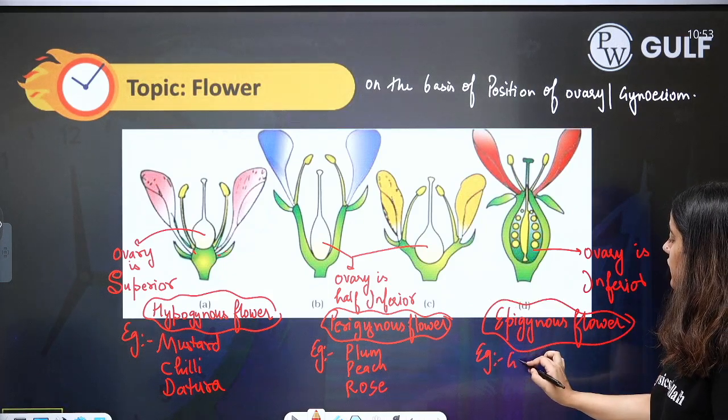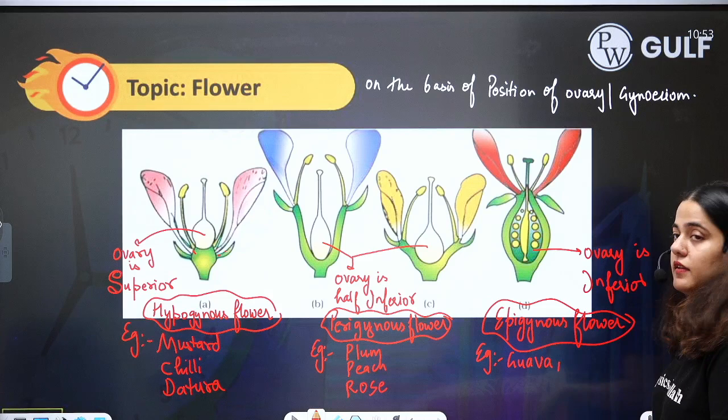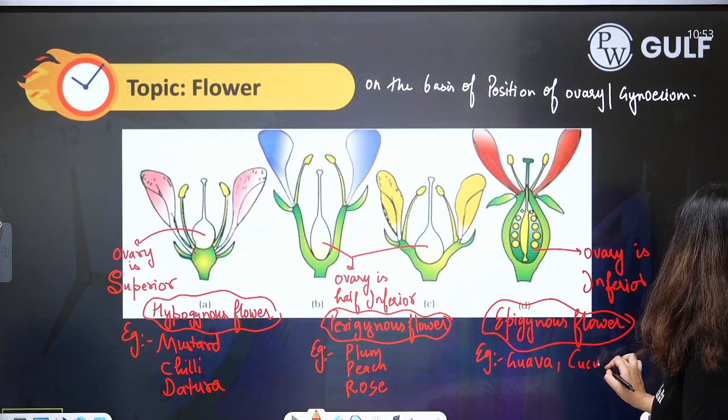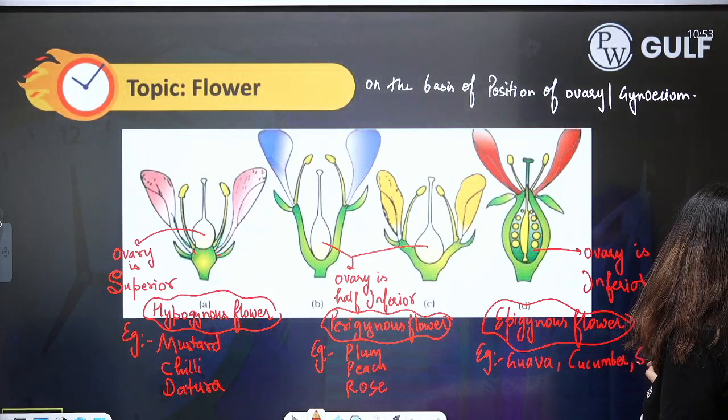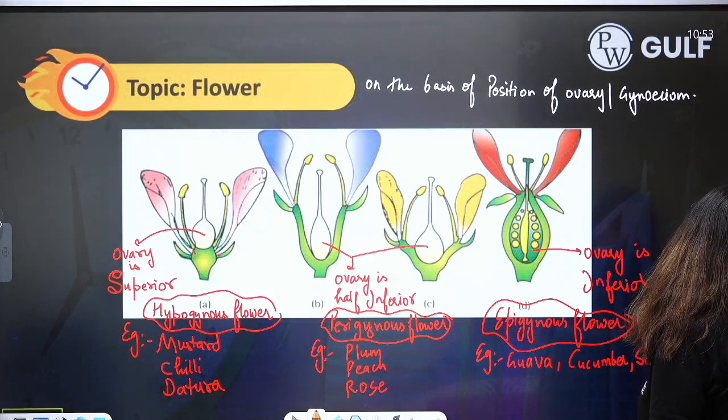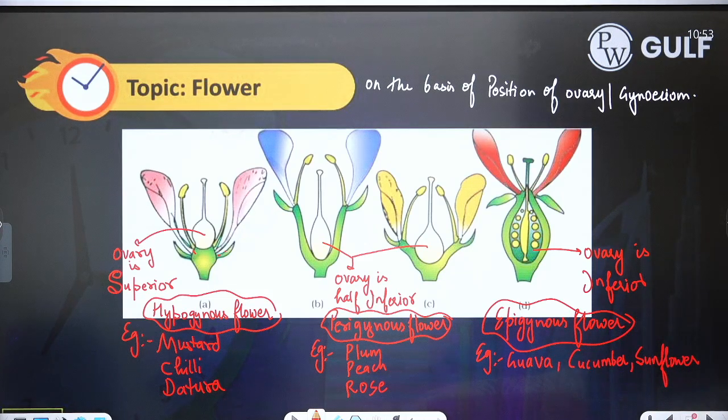Example, guava, cucumber, sunflower. Beta, the ovary of flowers of these plants is inferior and the flower is epigynous. So there are three types of flower: hypogynous, perigynous and epigynous. I hope this is clear to all of you.